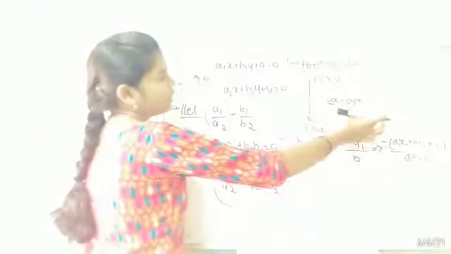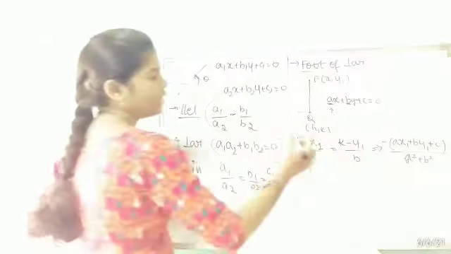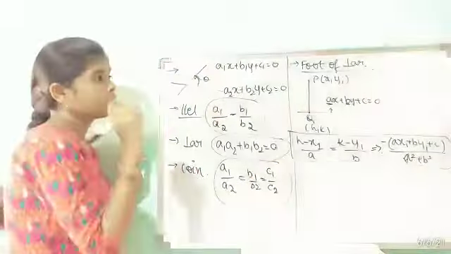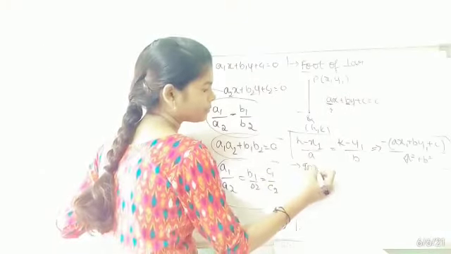This will be the formula for the foot of the perpendicular. If P is a point and Q is the foot and the line is ax plus by plus c is equal to 0, then in order to find the foot, you have to remember this formula. Suppose you have to find the image.